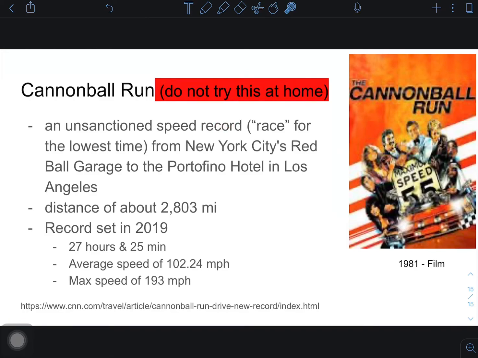There was a film in 1981 with Burt Reynolds about this race, which goes across the United States, starting in New York and ending in Los Angeles. It's about 2,803 miles. It originally happened in the 1970s, and it was a protest against the national speed limit of 55 miles per hour.